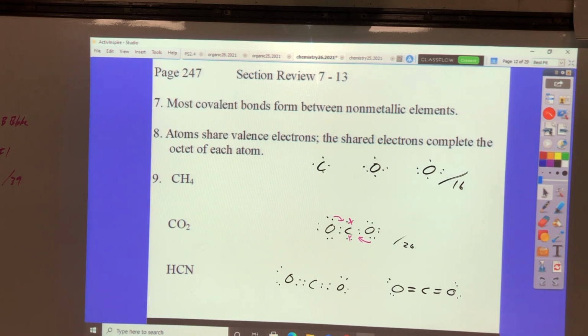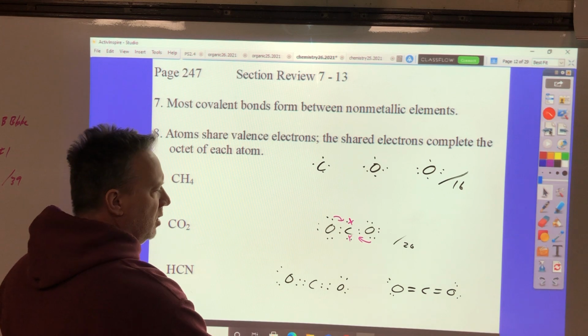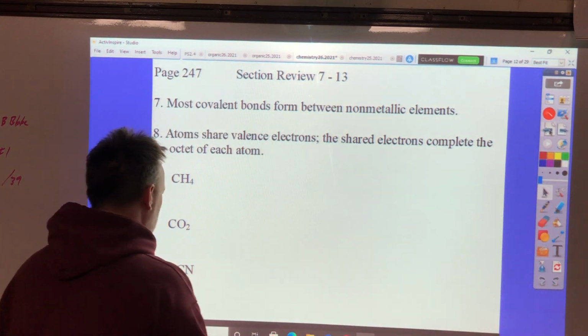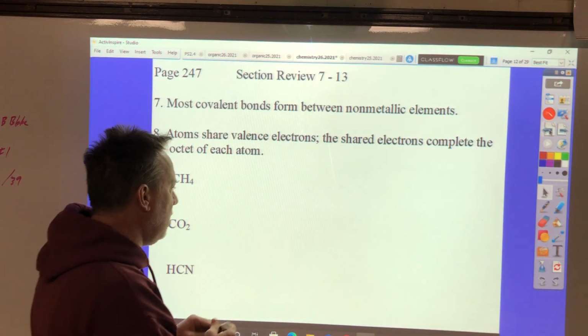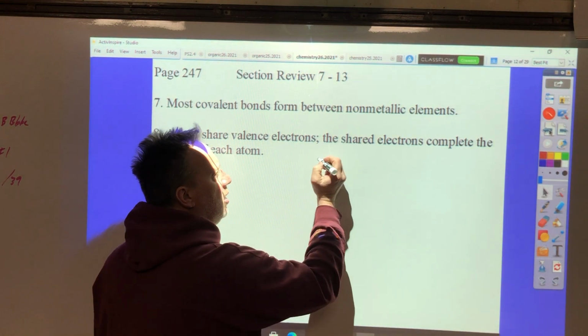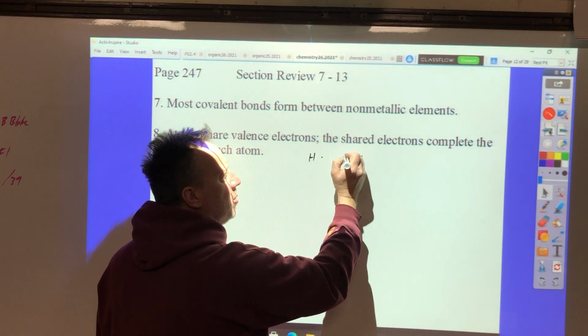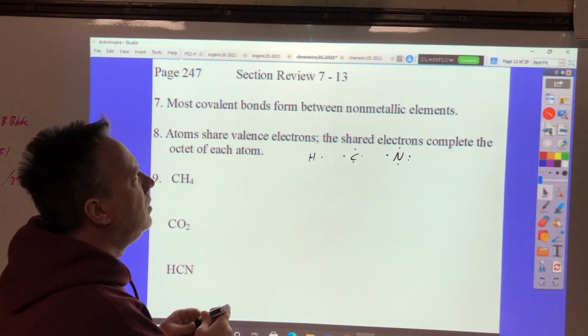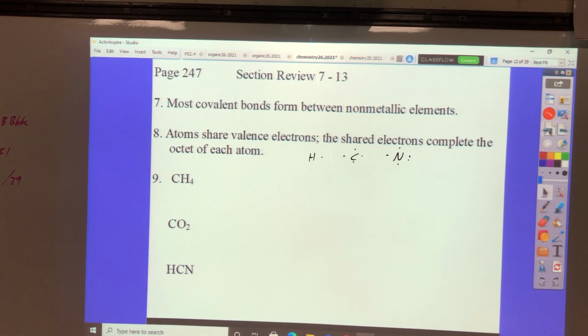Okay, for a triple bond, use the Lewis structure to demonstrate a triple bond. Hopefully you're pausing this as you go through if you need to. Got an H and a C and an N, there's 1, carbon's got 4, nitrogen's 5. Remember how we do that. At least this part I think everybody's got down.